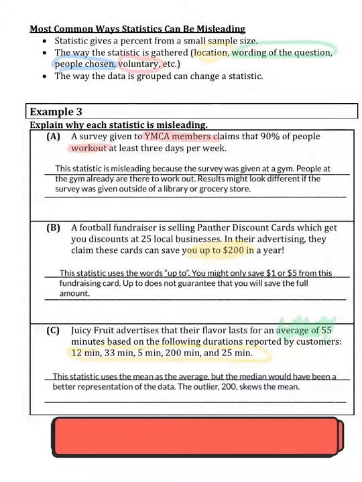So I think that this isn't a good statistic because the sample size is very small, but more importantly, this statistic uses the mean as the average, and really the median would have been a better representation. Because there's an outlier, the 200, the mean is skewed. It's pulled up. In fact, how many people were able to chew their gum and have the flavor last for 55 minutes? Only one of them. Most of them were significantly less than that.